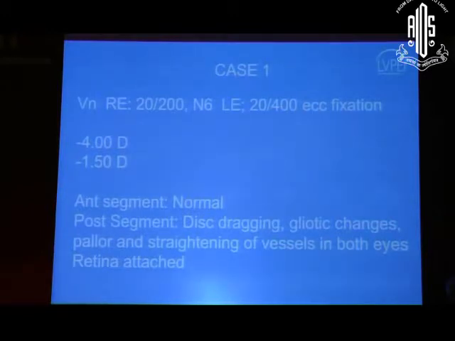I told them if I operate, it will only worsen. But the child needs surgery because there is a certain degree of amblyopia. So I operated and of course I was not surprised, the exotropia increased. So it's important to remember in ectopic macula, your squint surgery should be carefully tailored.